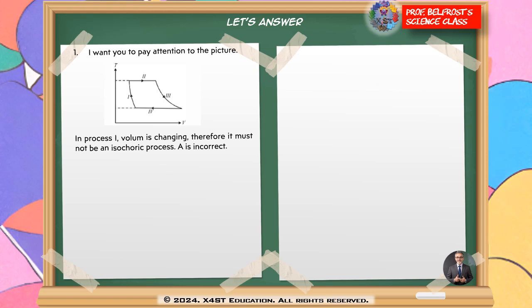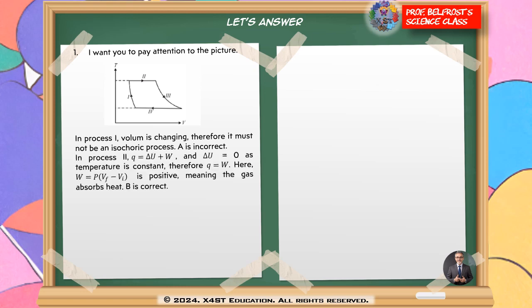Then option B, we have in process 2 the gas absorbs heat. Okay, so in process 2, Q equals delta U plus W, and delta U, the change of internal energy, equals 0 as the temperature is constant.